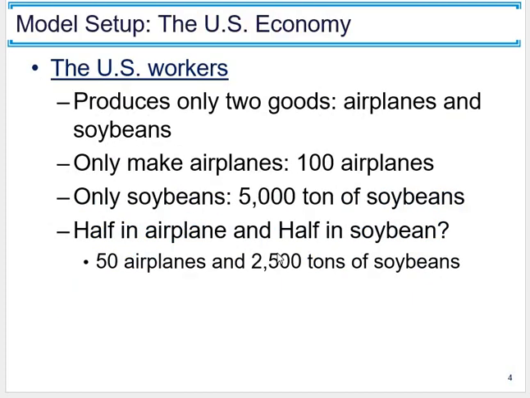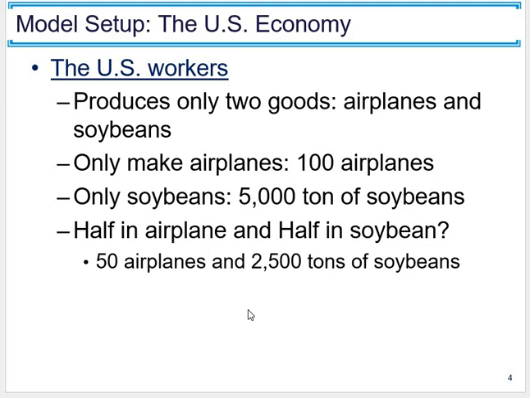First, if the US uses all its workers to produce airplanes and only airplanes, it can produce 100 airplanes. And if the US puts all the workers into growing soybeans, then at the end of the year, the US can harvest 5,000 tons of soybeans. Now, what if we let half of the US workers work on airplane production and the other half grow soybeans?